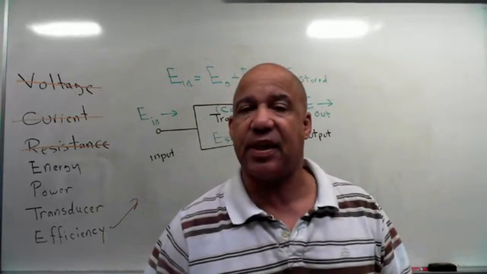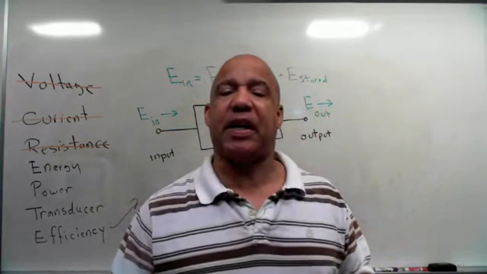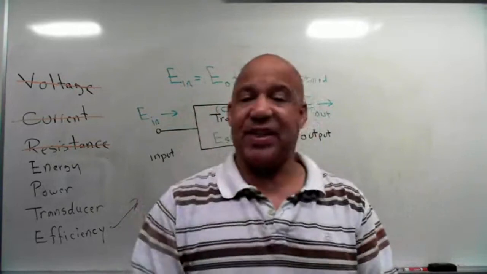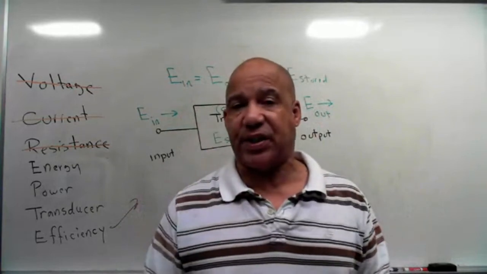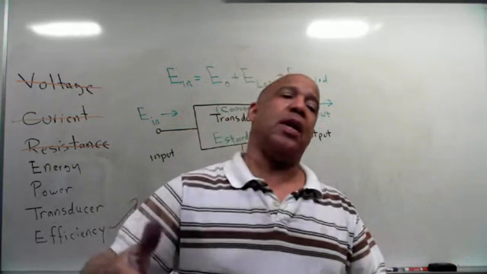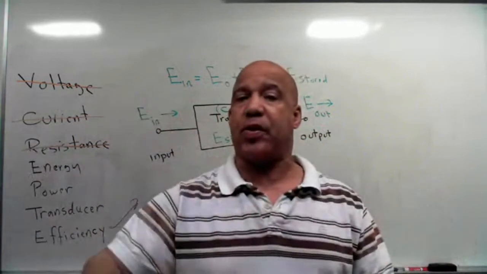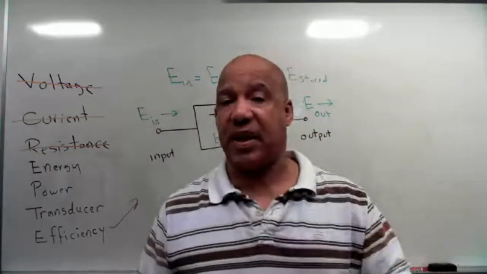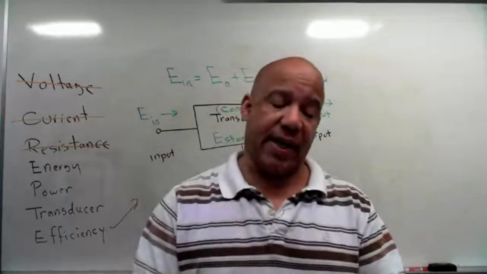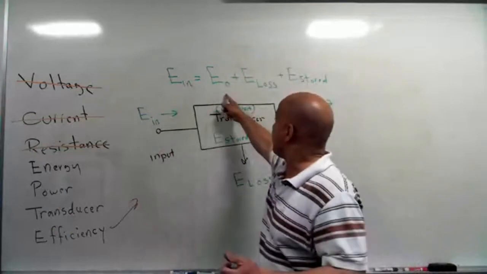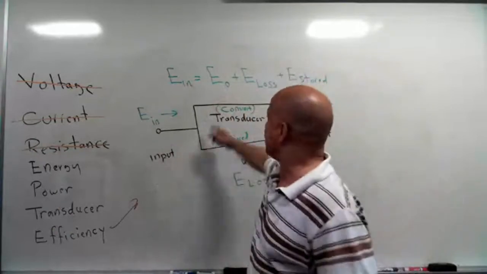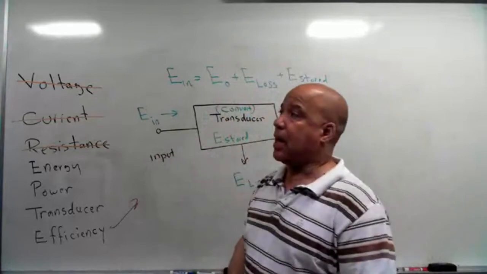The engine gets hot, so that's wasted energy, the heat. Although sometimes we use that heat. When you turn your car heater on, you're using heat off the engine. But for the most part, heat is an energy loss. You hear the engine running, that's an energy loss, vibrational energy.